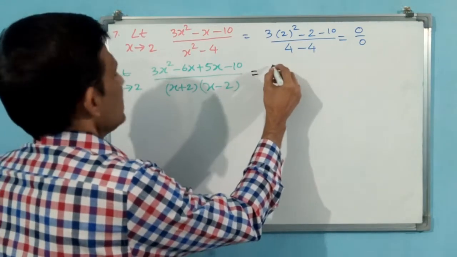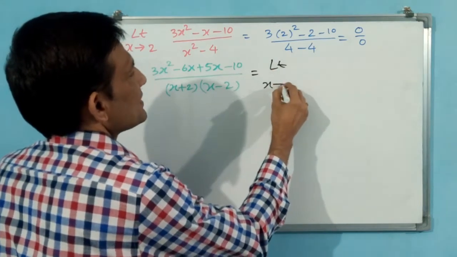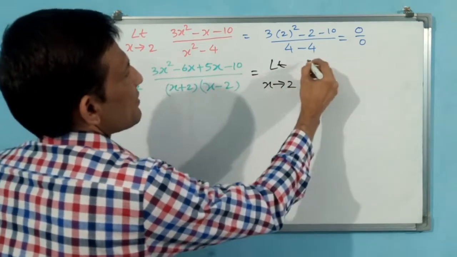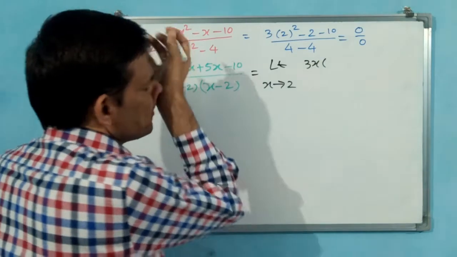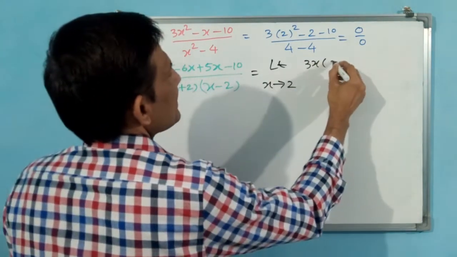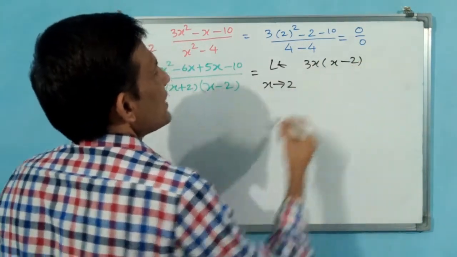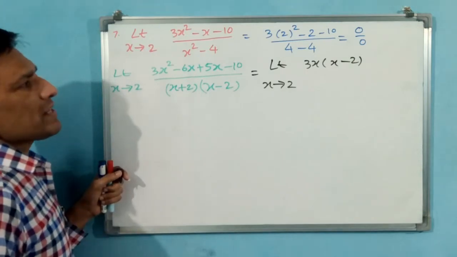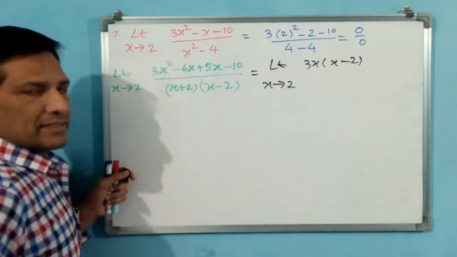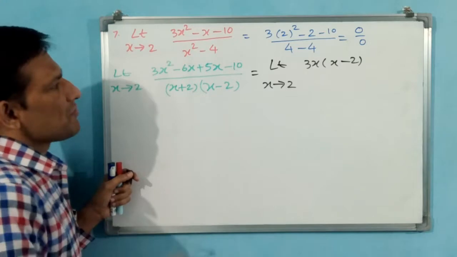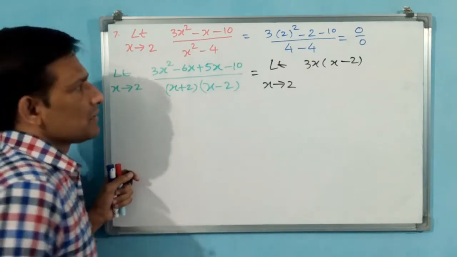Now further we do limit x tends to 2. I am taking 3x common. If I take 3x common, x minus 2 will be there: 3x square minus 6x. These two terms are over. Next you do for these two terms.